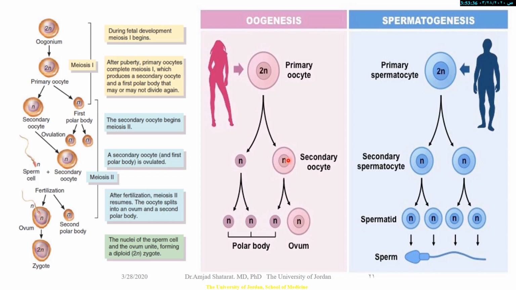The secondary oocyte steals the cytoplasm of the first polar body, and the fertilized egg steals the cytoplasm of the secondary polar body. So the outcome of spermatogenesis is a huge number of sperms, and the outcome of oogenesis is only one egg. Why? Because the female would carry the baby, so she can't give more than one oocyte.